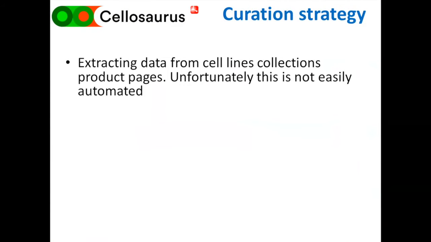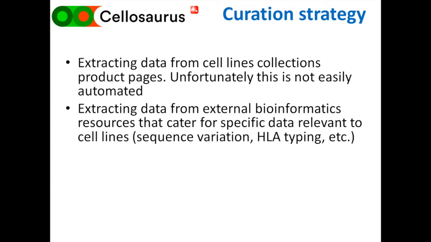Now, before going to rare disease, the curation strategy is basically four different ways of getting information. The first is extracting data from cell line collections, which is not easily automated because those cell line collection product pages are maintained in completely different formats. Sometimes they're just HTML pages and there is no database behind.